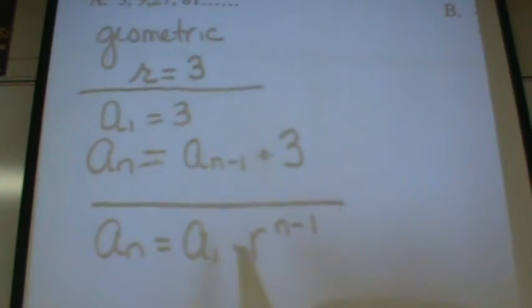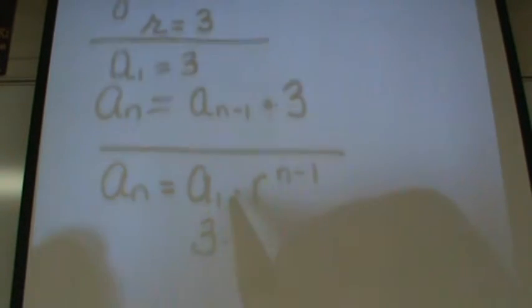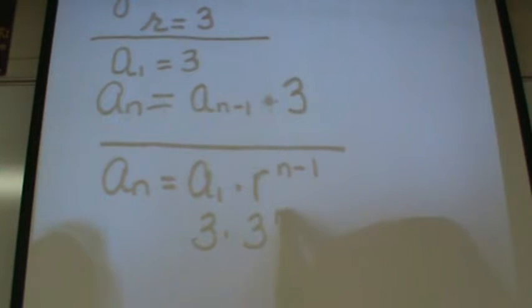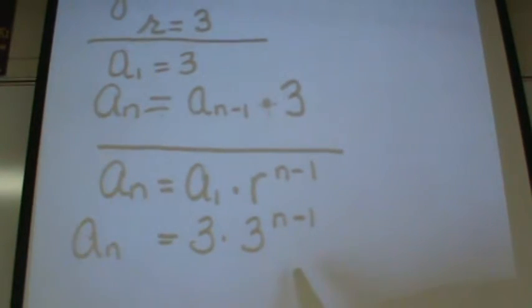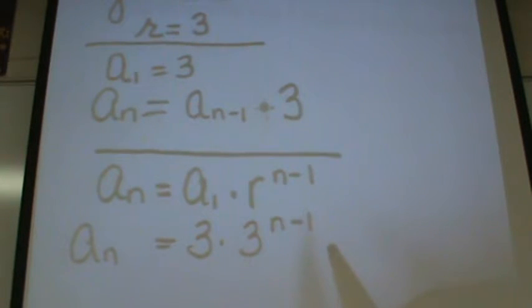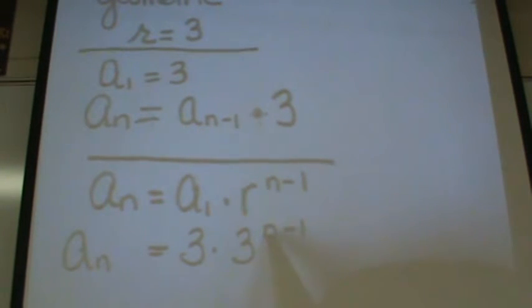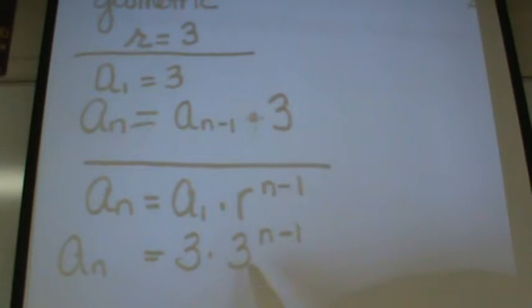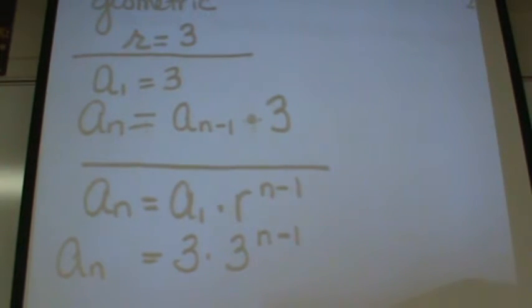The first term is 3, and the ratio is 3, to the n minus 1. What's so nice about this formula is you could figure out the 50th term. You plug a 50 here, 50 minus 1, so you're going to take 3, the ratio, raise it to the 49th power, and multiply that by 3. You guys remember this?